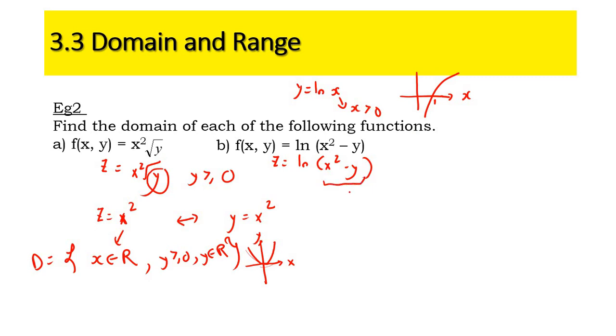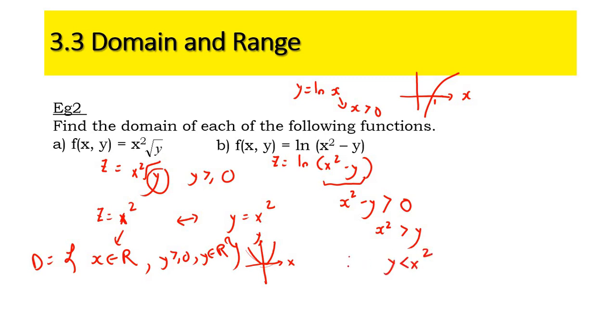That's why in this part you have to set x² − y greater than 0, or x² greater than y. Negative y moves to the other side, positive y. So if you want y as the subject, you have x² greater than y, or y less than x².